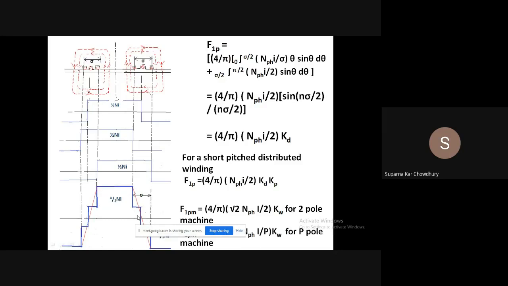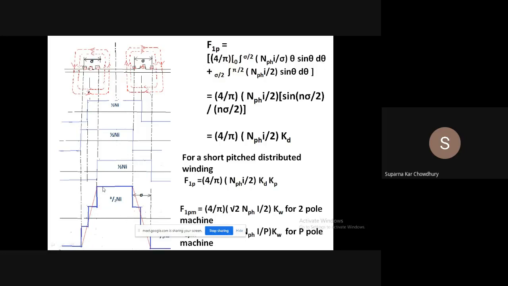Similarly, this trapezoidal wave we can analyze into a fundamental and harmonics. Neglecting the harmonics, the fundamental value will be 4 by pi times the integral from 0 to sigma by 2. This is the phase spread sigma. So this up to this angle is sigma by 2. The integral is of N phase I by sigma, theta sine theta d theta.